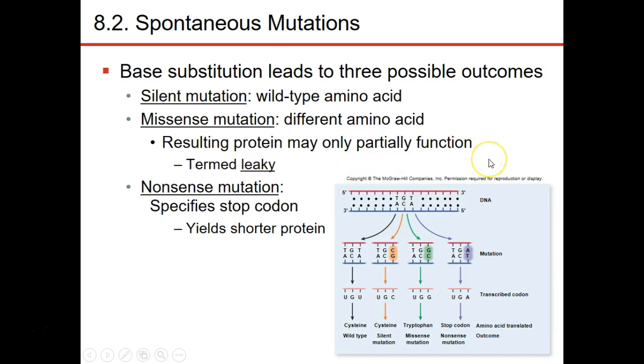That can cause the protein to be differently functional, or it could be potentially non-functional. And then the last is called a nonsense mutation, where instead of producing the amino acid you're supposed to, you produce a stop codon. And so this often causes the protein to not form at all, or the protein to be non-functional.